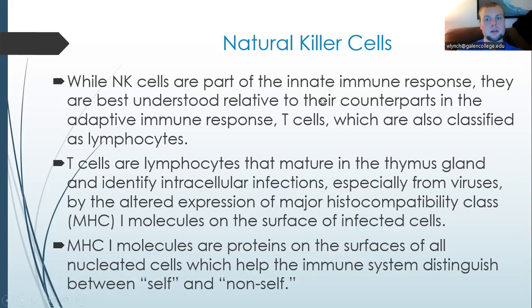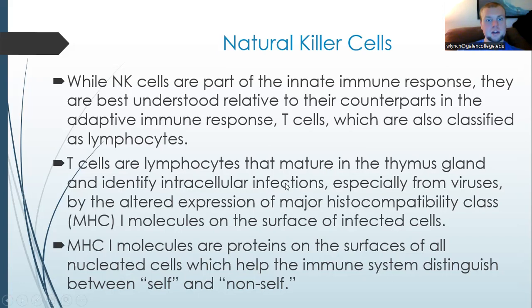So while they are part of the innate immune response, they're best understood because of their relatives, which are the T cells, right? The T cells are going to be very close to natural killer cells in function, and they are also close to them in structure. T cells specifically are going to be the lymphocytes that mature in the thymus.